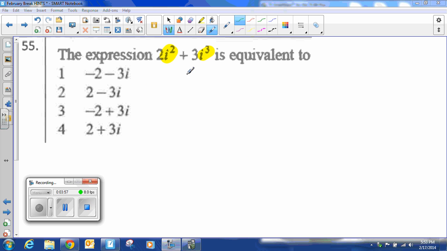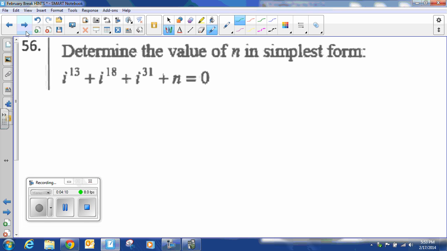Number 55, you want to evaluate I squared and I cubed first, multiply 2 times this, multiply 3 times this, and express your answer in A plus BI form. Number 56, you want to evaluate each one of these separately, right?